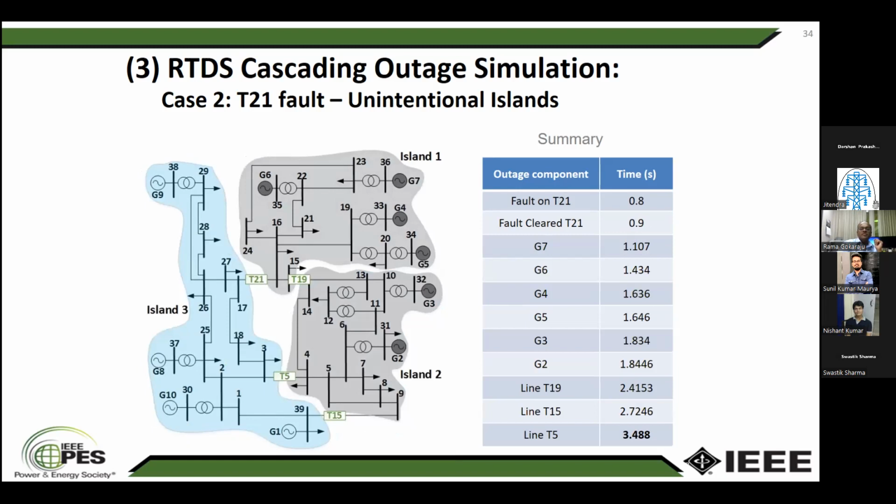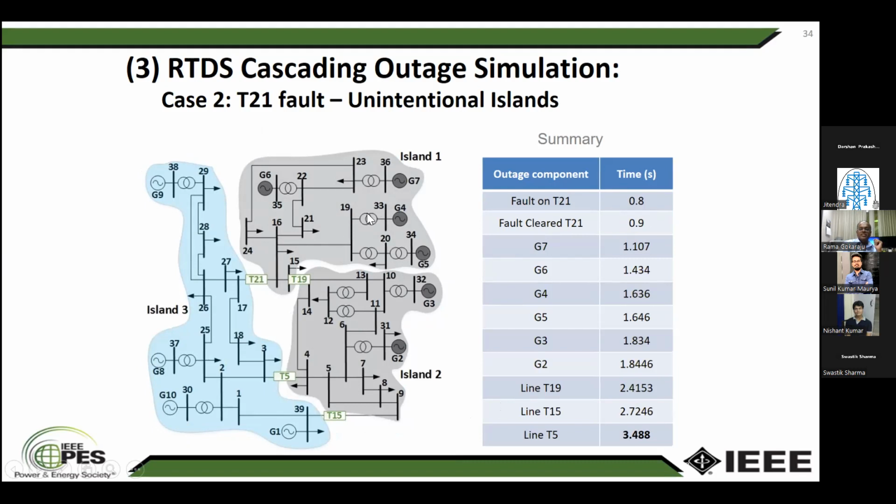This is the other one, the unintentional island for a T21 fault. So again, starting at 0.8 seconds. And these are the two regions, right?